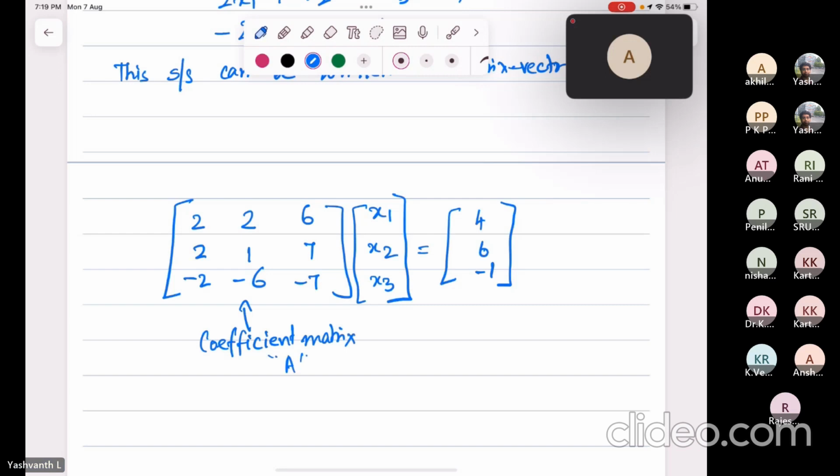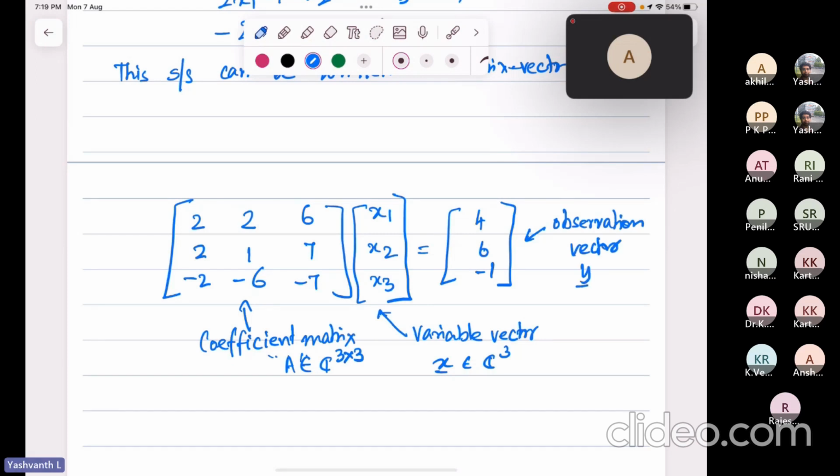This is called the variable vector x, in C to the 3. A is in C to the 3 by 3. And this is called the observation vector B, in C to the 3.